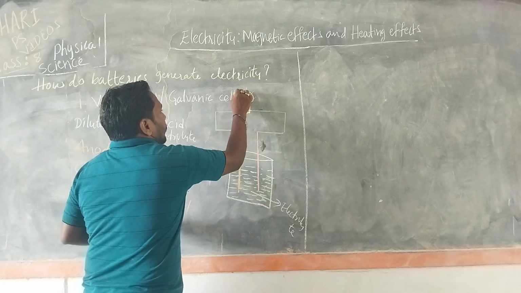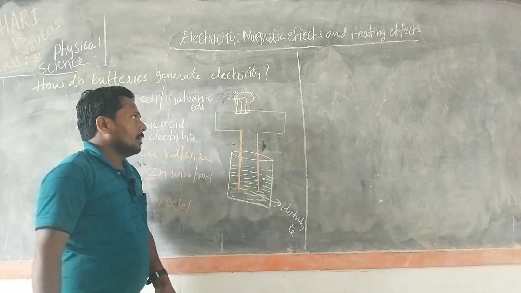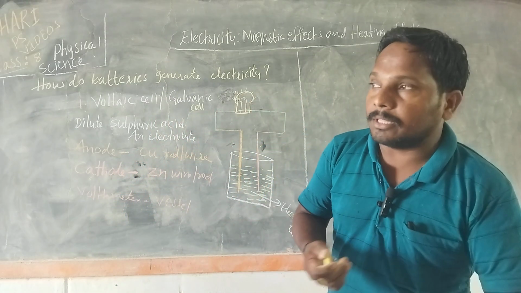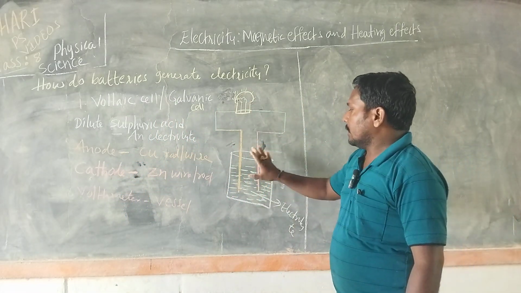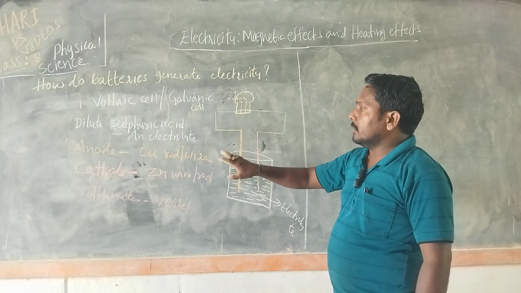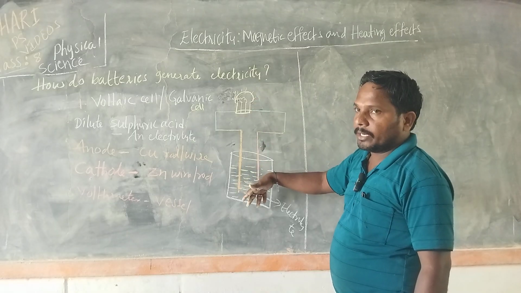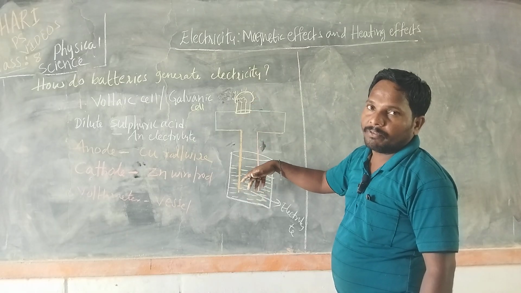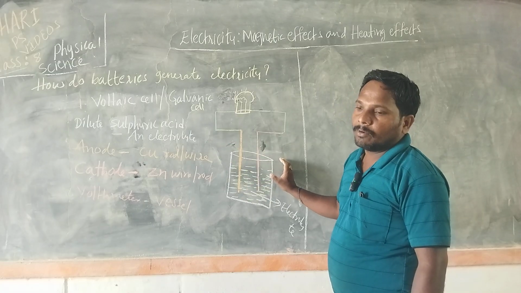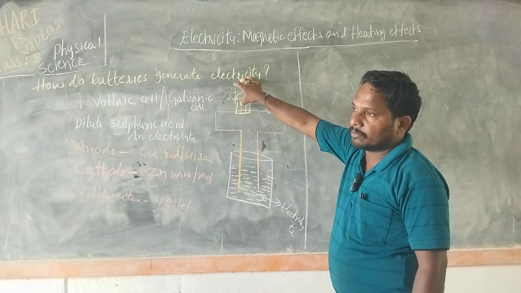The electrolytic solution is dilute sulfuric acid, and in it he placed two different metal rods, one copper and the other zinc. He connected wires to the bulb.